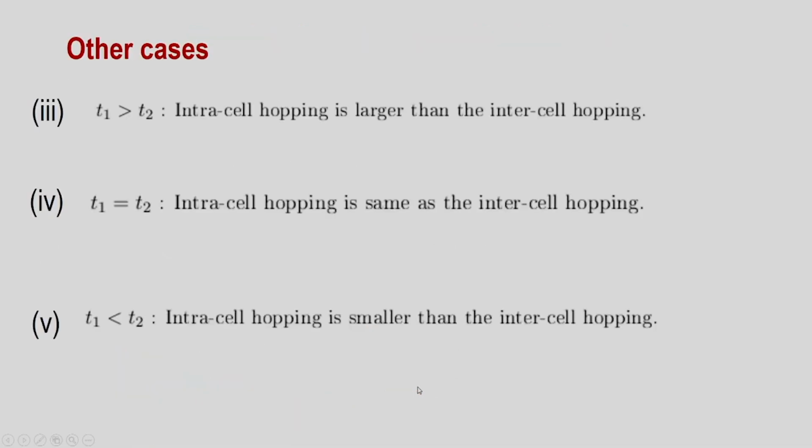And this is what is important, that they have 0 energy. There are other cases, like T1 greater than T2, that is, the intracell hopping is greater than the intercell hopping. And when they are the same, and when the other thing happens, that is, the intracell hopping is smaller than the intercell hopping.